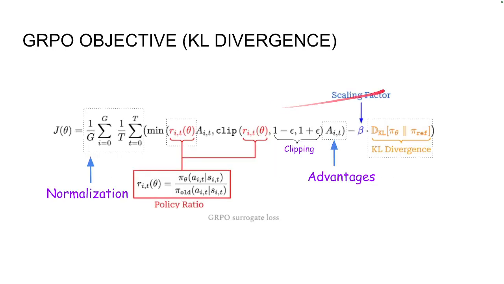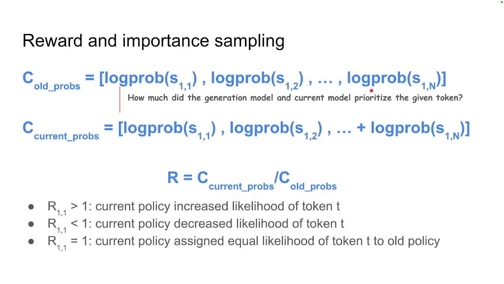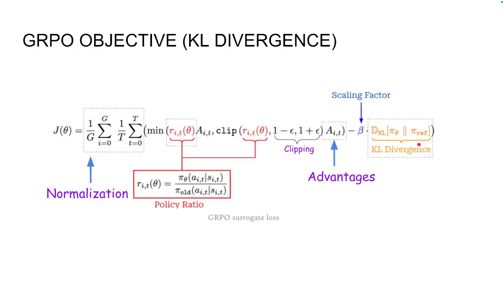So the last ingredient in GRPO is KL divergence, which we see here. And this term, pi theta, is the current policy that we saw here. And we see another term called pi ref, or reference policy. We have seen this in RLHF, where the flow works as follows. You pre-train on a big set of data, and then you do supervised fine-tuning, and then you do RL from human feedback. Generally, this supervised fine-tuning model has good structure.